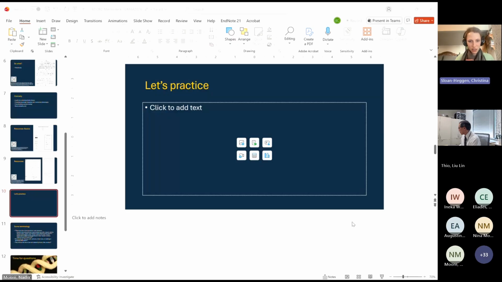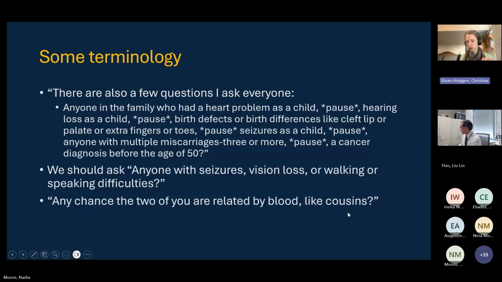Thank you, Nadia. So the last thing I just want to take like 1 minute. In genetics, we often will ask a group of questions for anybody. And so I'll present it once I get everybody collected, and I'll be like, anybody in the family who has a heart problem as a child, hearing loss as a child, and I kind of rattle them off.